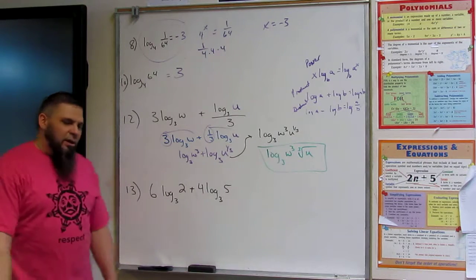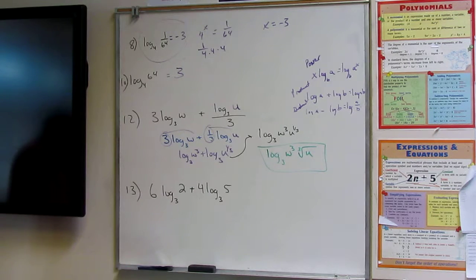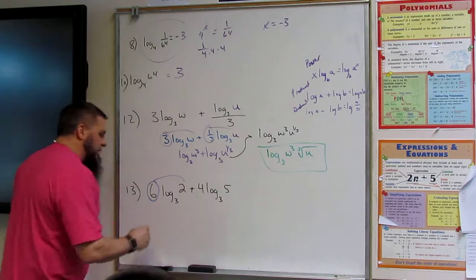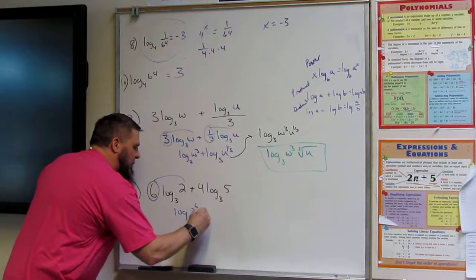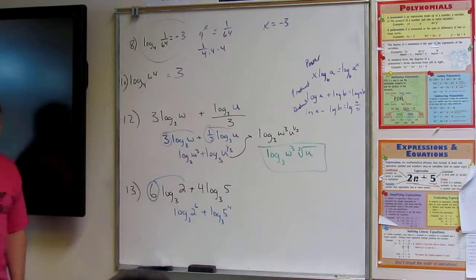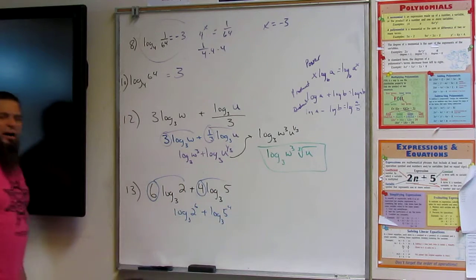Okay? Now this was a little easier because I just take my rule, 6, and put it as a power. Log base 3 of 2 to the 6th plus log base 3 of 5 to the 4th. Right? I'm just taking this and making it a power.